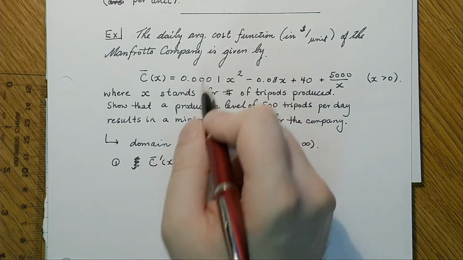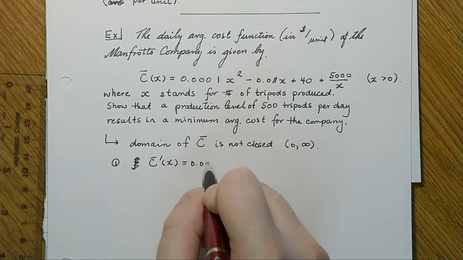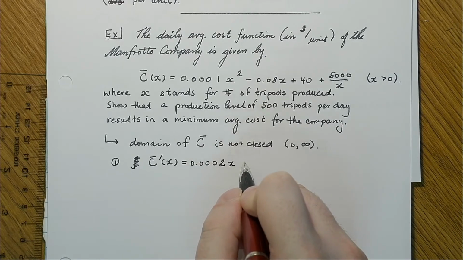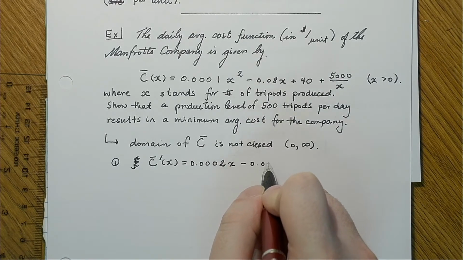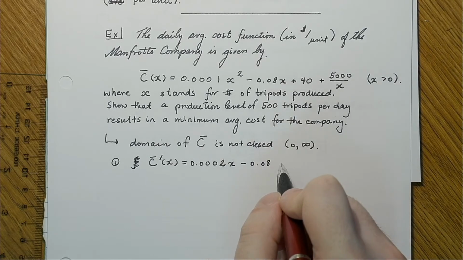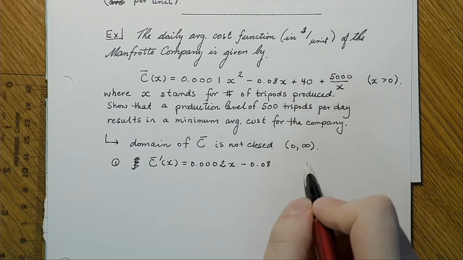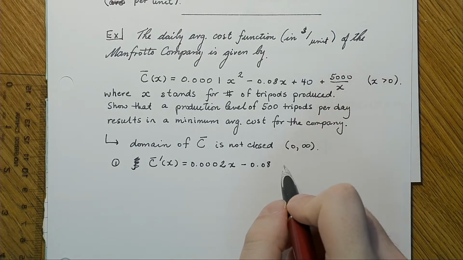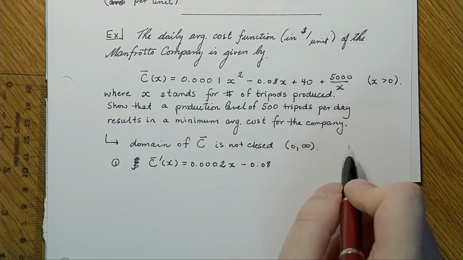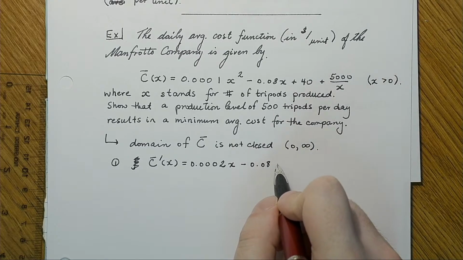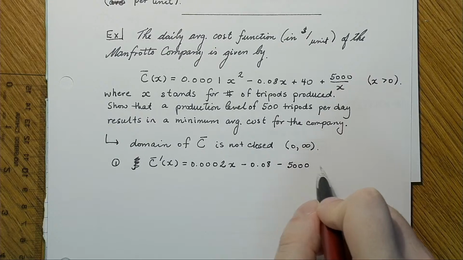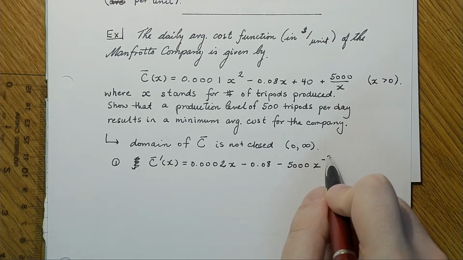To do that, the 2 comes down, so I got 0.0002x minus 0.08. The 40 is a constant, so that's 0. And then I have a minus 1, so the minus comes down in front. So I got minus 5,000 x to the minus 2.